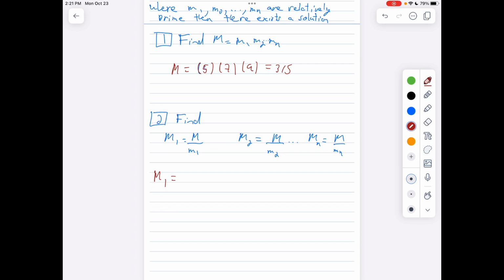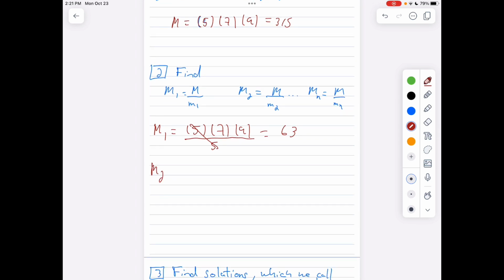Here's why. So we form this object called m, and then we're going to find these objects called capital M sub 1, capital M sub 2, up to capital M sub n. So m is that 5, 7, 9, and I'm going to keep it in this factored form. I'm going to divide this by m1, which is just the first number we were looking at the congruence of, which was 5. So this would equal 63, because the 5 cancels, and you only have 7 times 9 left.